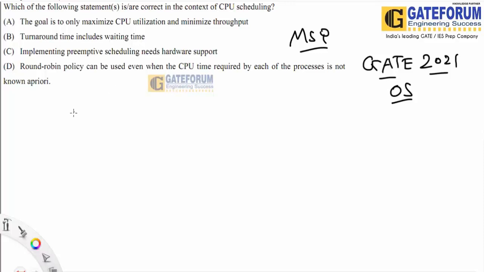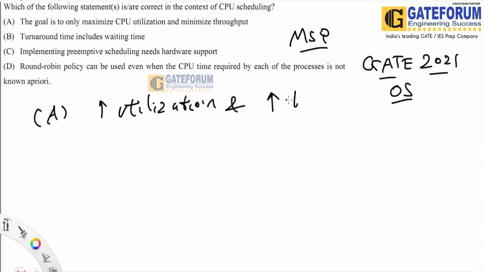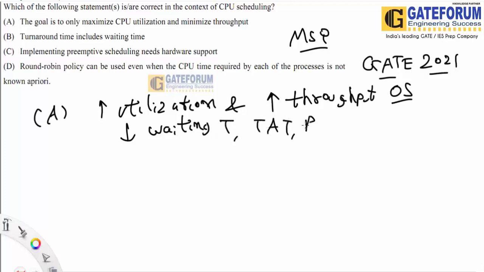First and foremost, the goal is to maximize CPU utilization and also to increase the throughput. That's the wrong statement here, and also to decrease the waiting time, turnaround time, and response time.